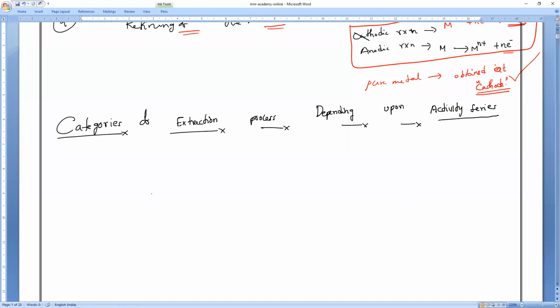Based upon these 3 points, the same thing will be followed even in the entire exam process.